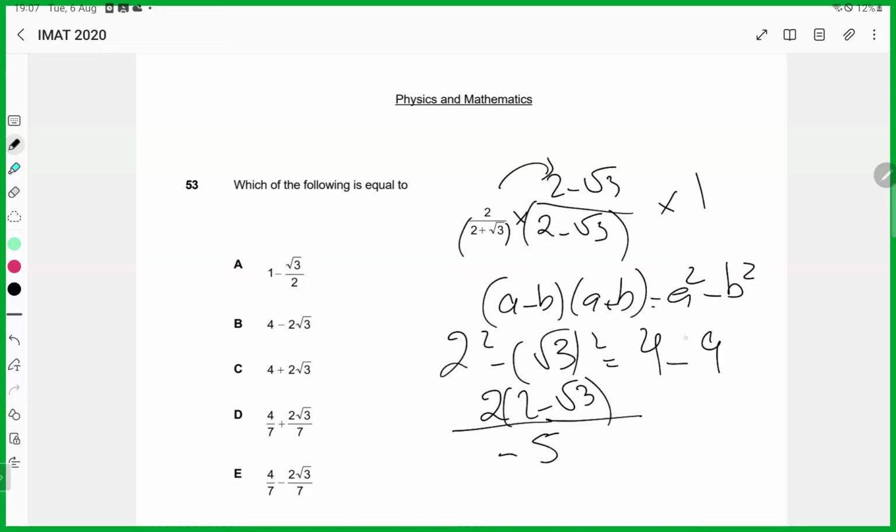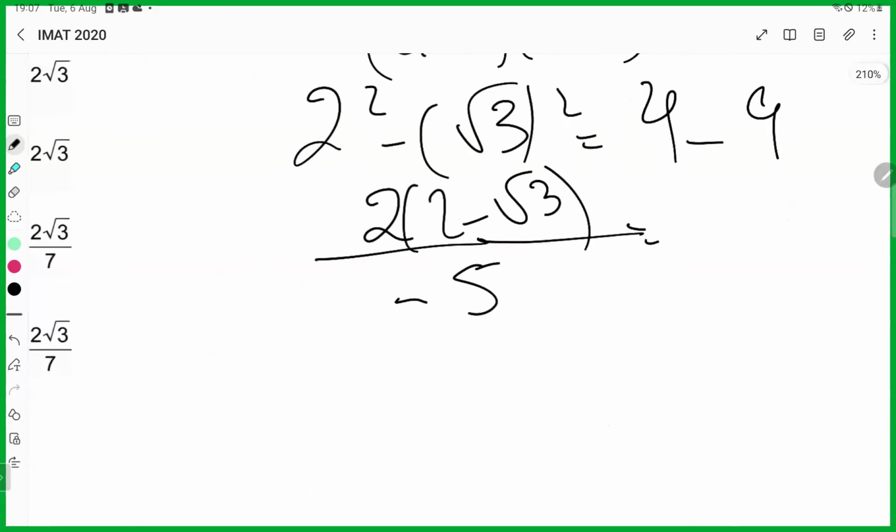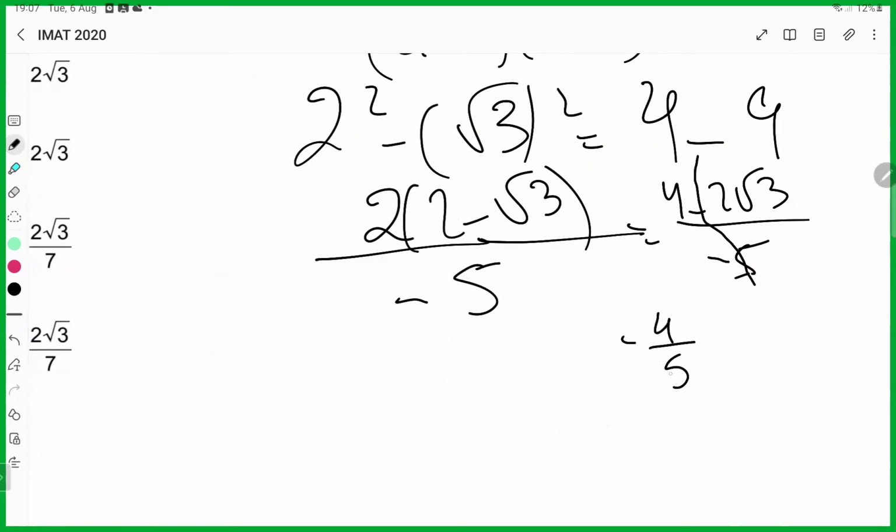So let's multiply the numerator. 4 minus 2 radical 3 over minus 5. So this means minus. So let's divide like this. Minus 4 over 5 plus 2 radical 3 over 5.